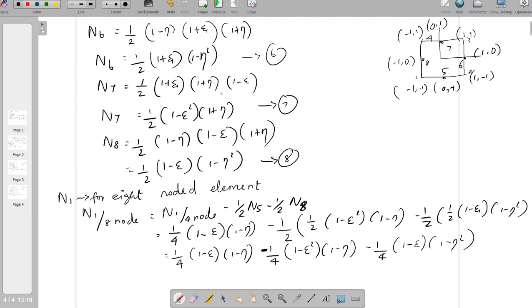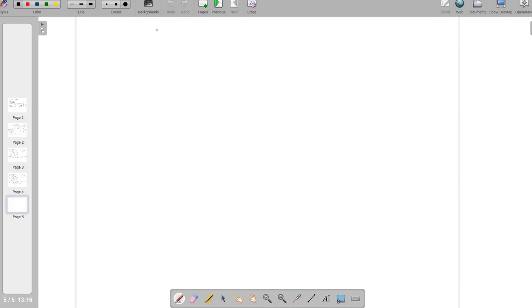I am keeping the first term as it is, 1 minus epsilon, 1 minus eta for the 4 node, minus 1 by 4 of 1 minus epsilon and 1 minus eta.